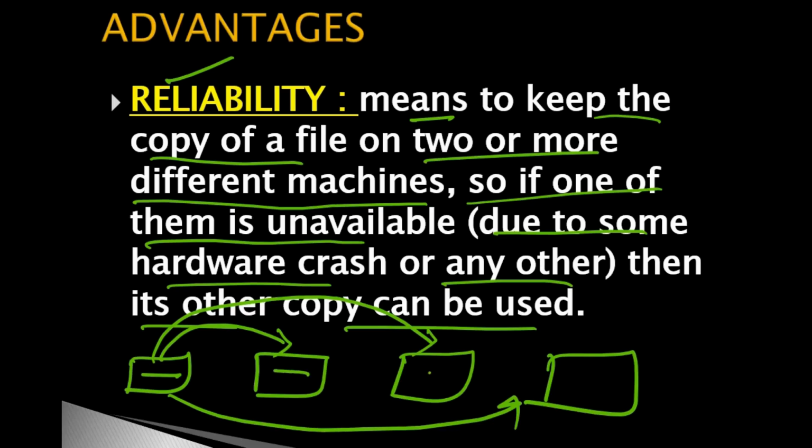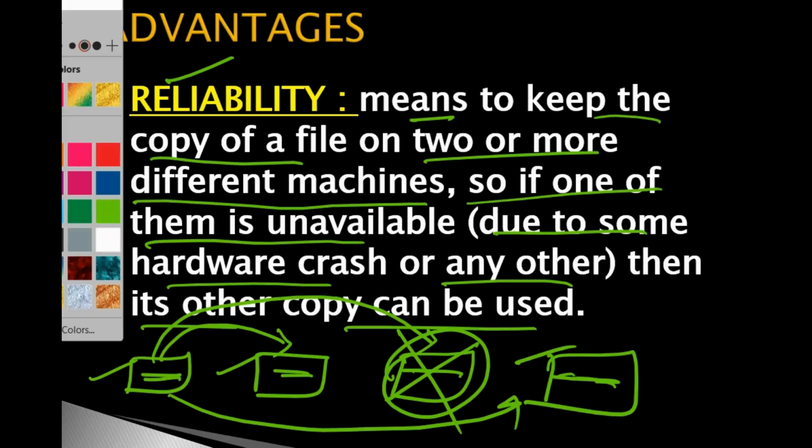So if I am not having any connection on this computer, or if this computer crashes, suppose computer 3 crashes, then the data is already safe on all the other computers. I can take the data which I have already shared through the other computers.